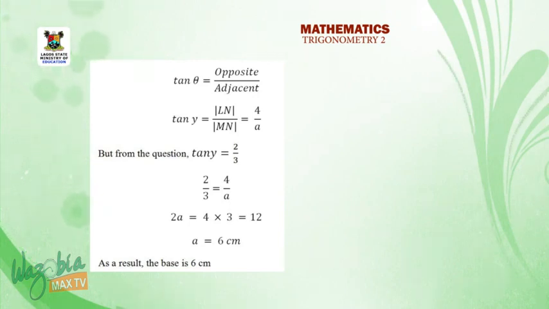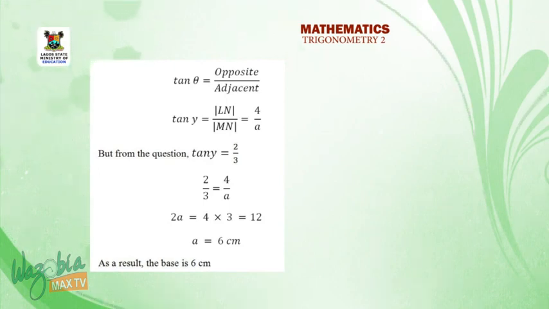Let it be A. So it means our tan Y should be 4/A. But from the question, tan Y has been given as 2/3. So equate 2/3 to 4/A. If you cross multiply, we have 2A equals 6, equals 4 times 3. That's 2A equals 12 and A equals 6.